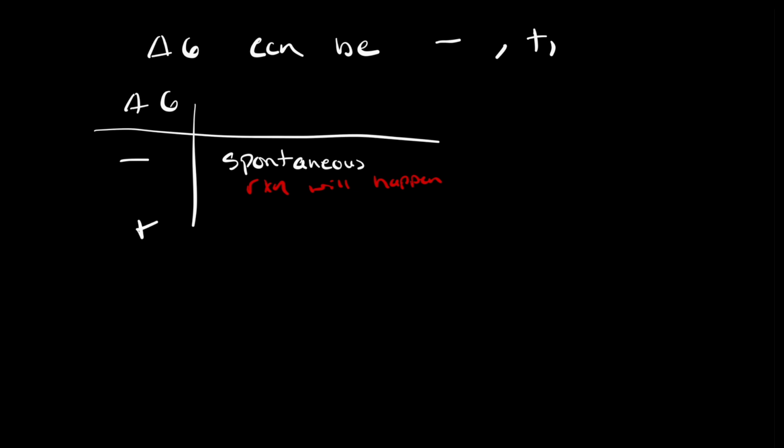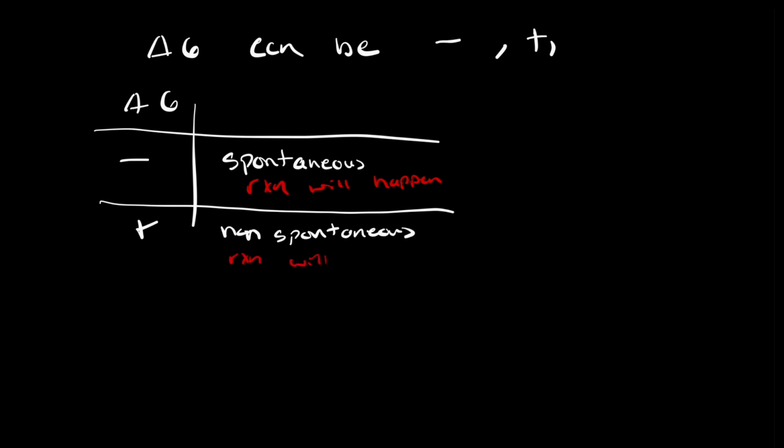A positive value then is going to be non-spontaneous, which means the reaction will not happen. We can also then extrapolate this using those equations above to get a rough estimate of what conditions will cause spontaneity and which won't.